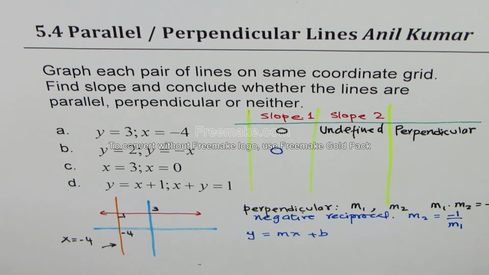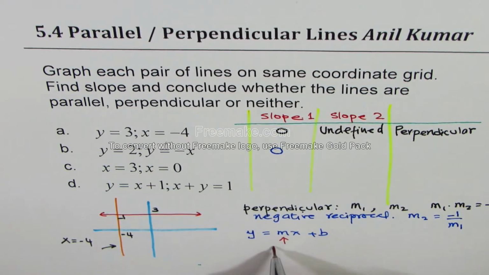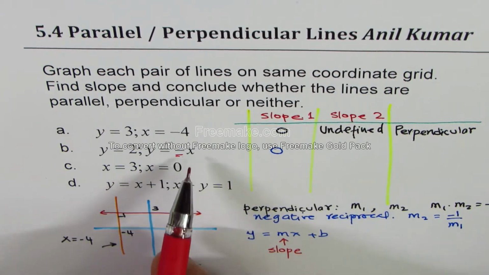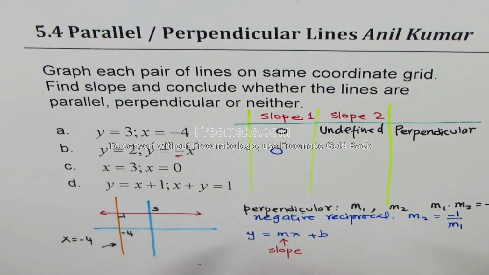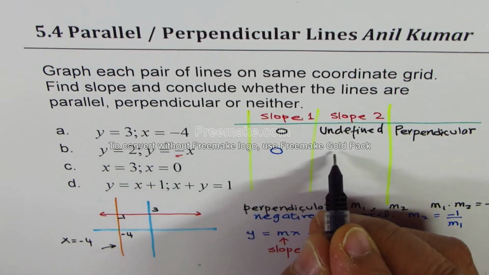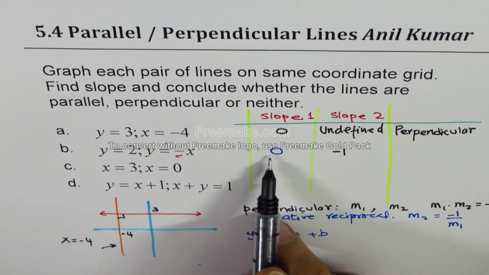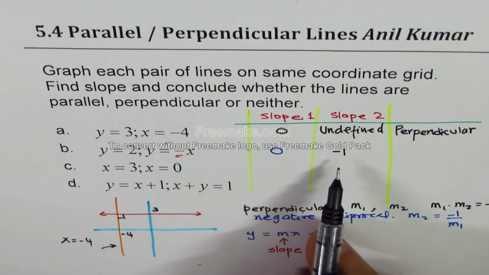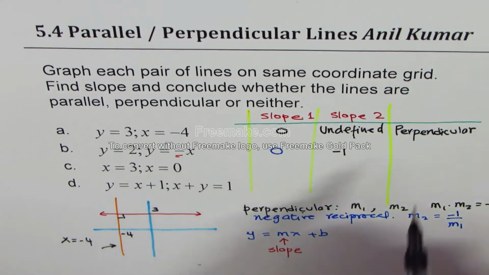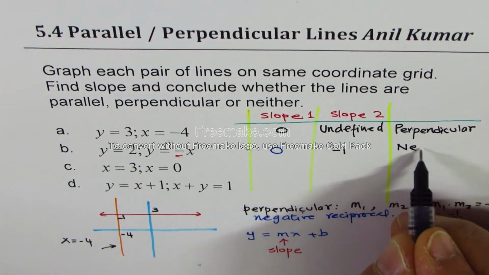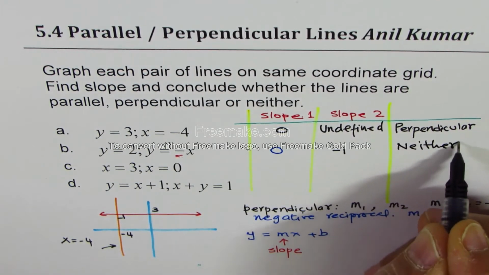In this equation, m is the slope. So from here, the coefficient of x is minus 1 and therefore the slope is minus 1, correct? Now 0 and minus 1 are not perpendicular, they are not parallel. So we'll write this as neither.